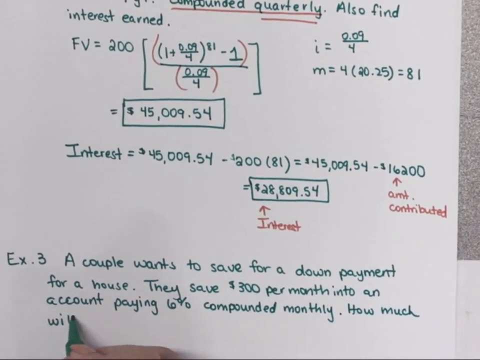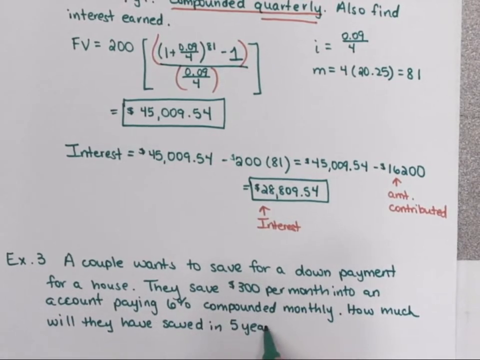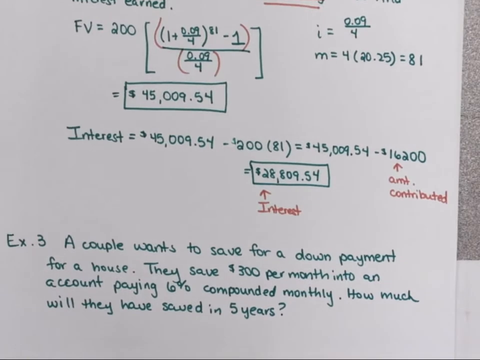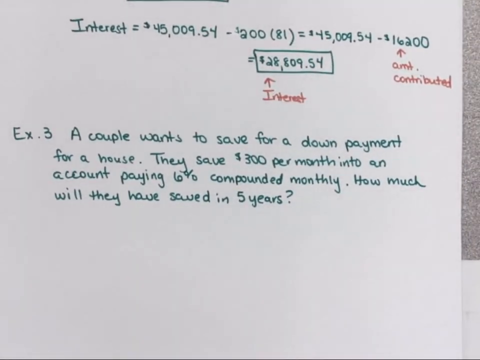So the question is, how much will they have saved in 5 years? And then we'll also figure out how much of this would have been interest as well.